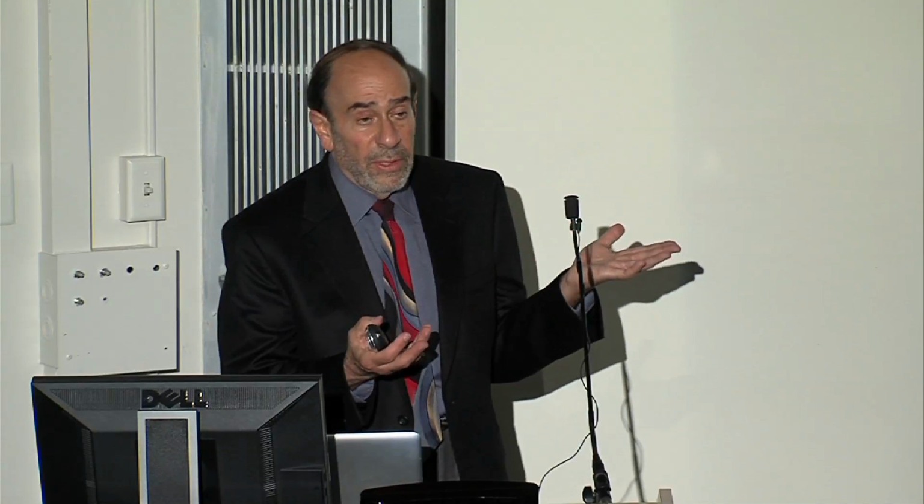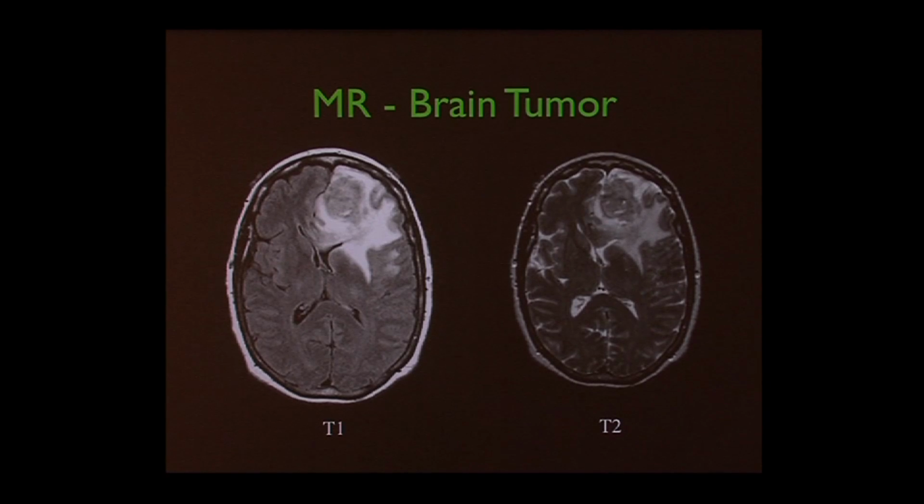And we can even do spectroscopy, where we can look at the tissue signatures within the living tissue, looking for evidence of cancer or changes over time, from growth or successfully treated cancers, et cetera. Here's just one example of an MR in a patient with a brain tumor.